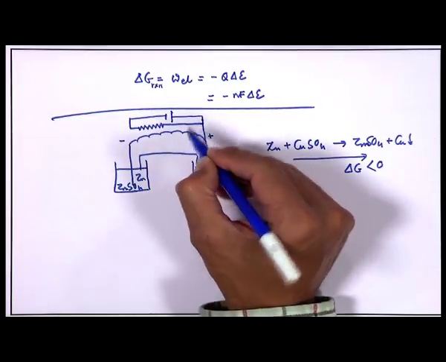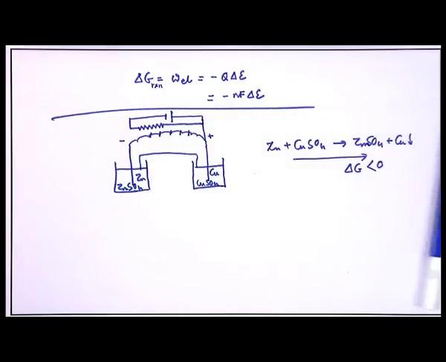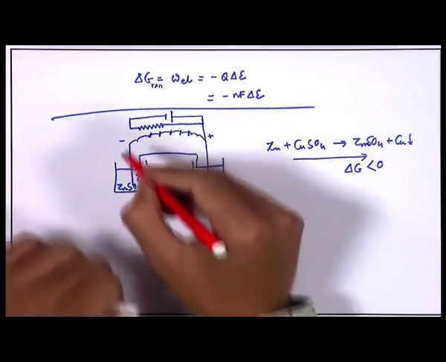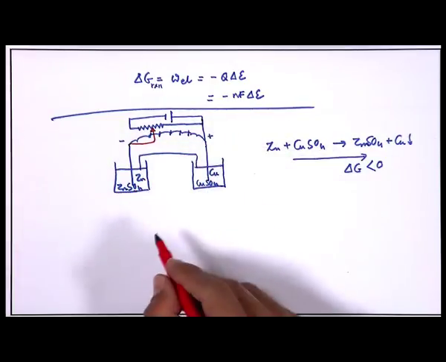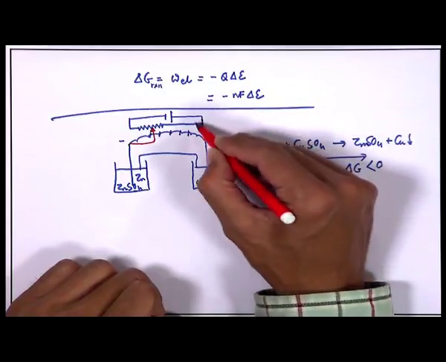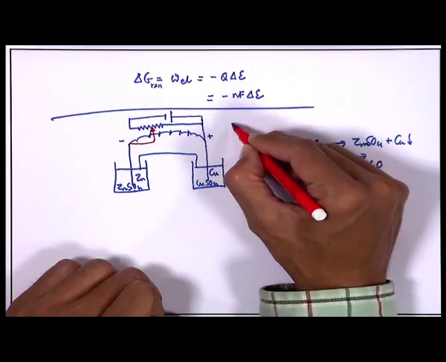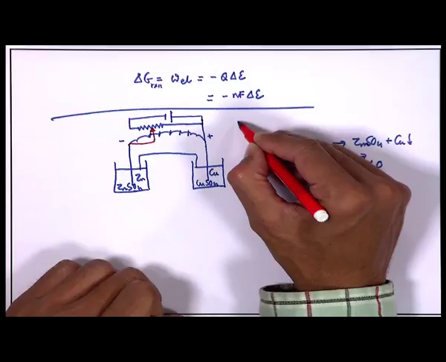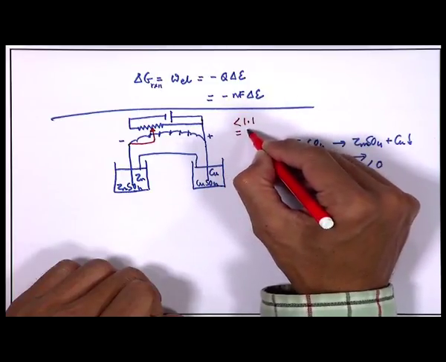Just remove this one, and attach this side with a variable resistance, such that the external potential difference is either less than 1.1 volt or equal to 1.1 volt.